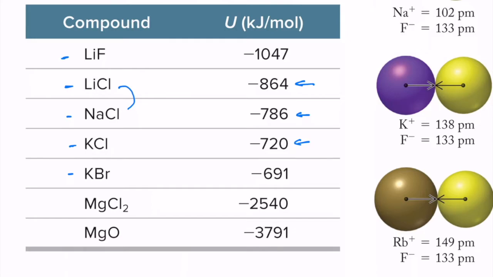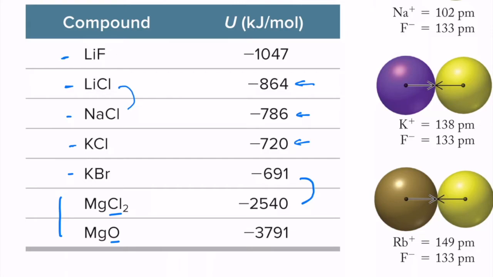Now, the difference between the last two: magnesiums have a +2 charge, and the oxygen in magnesium oxide has a -2 charge, whereas the chlorines have a -1 charge. So the big jump in energy that you see here, or even from lithium fluoride to magnesium chloride, has to do with the +2 charge on the magnesium.